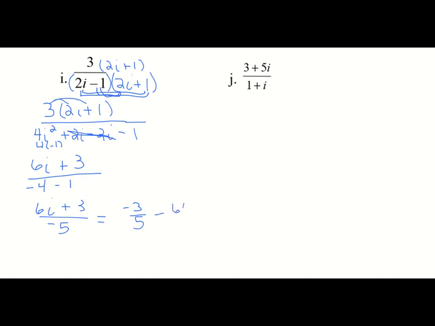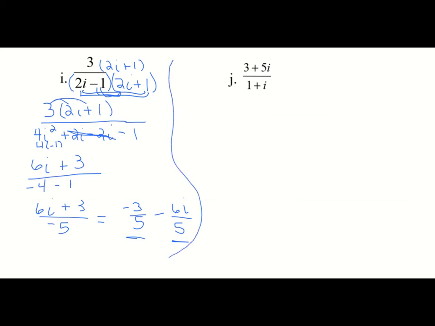Minus 6i, oops, that's an i, not a t. Minus 6i over 5. And again, this breaks it up. We put the real number part and the imaginary part. And because the 5 is negative, it makes both fractions, the 6i and the 3, negative when we split it up. So that's the final answer for that one.